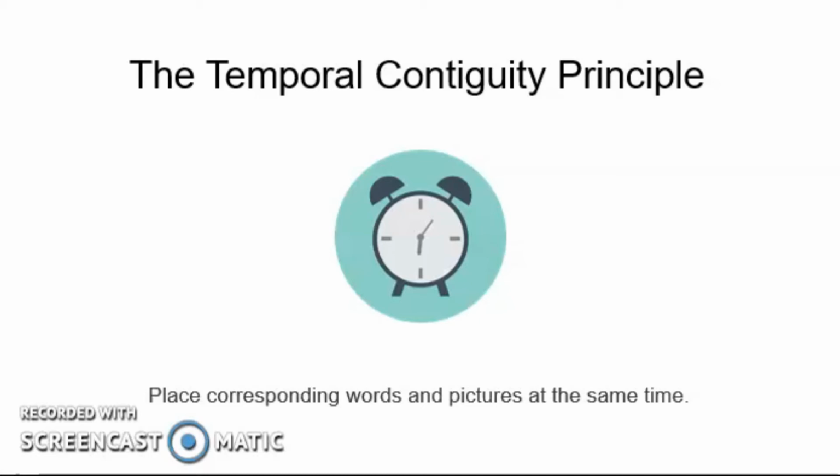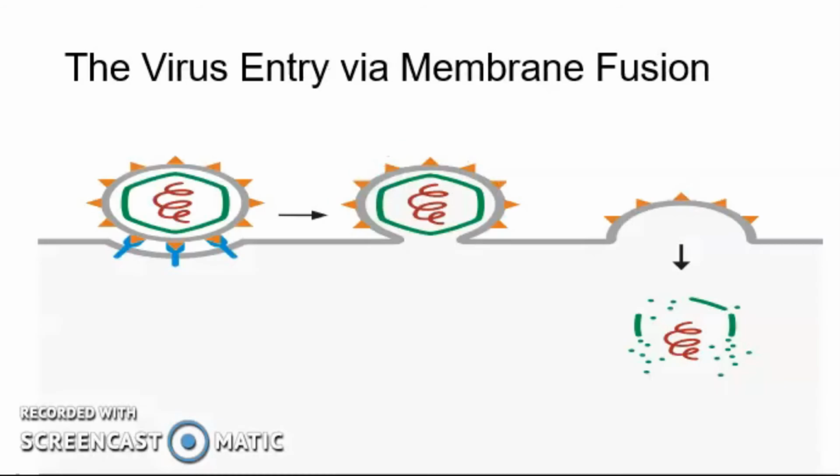Now, working memory is limited in holding the verbal message until the visual message comes. Instead of that, we should place the words and the pictures at the same time rather than successively. So let's see how we can apply this.